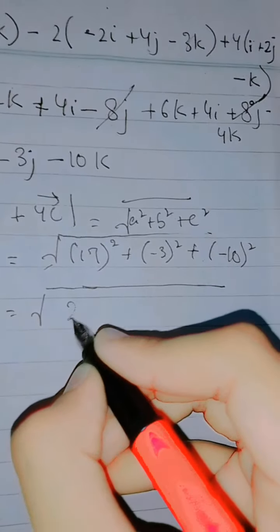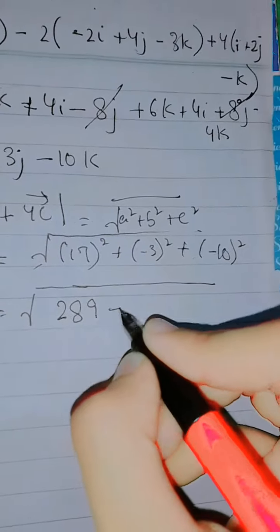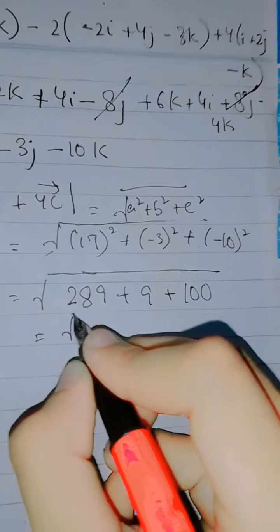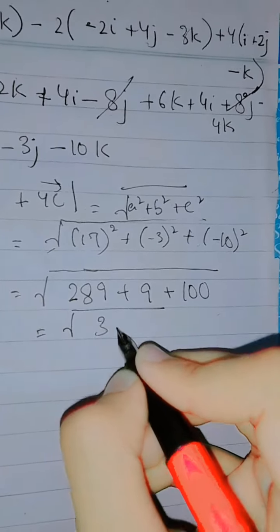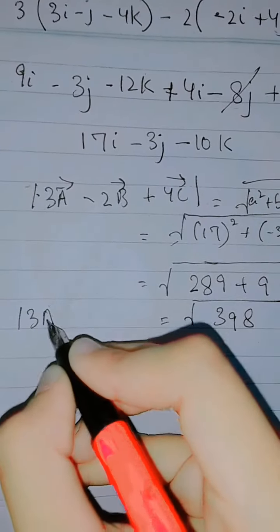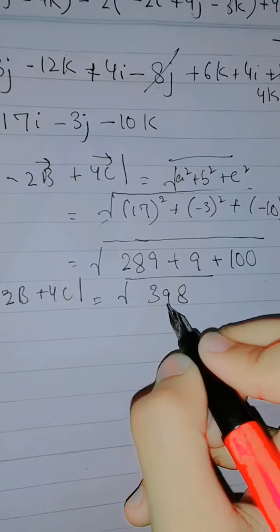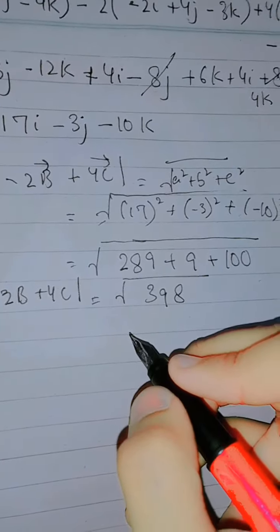Seventeen square will be 289 plus 9 plus 10 times 10 is 100. Now when we'll be adding it, it will be 398. So the magnitude of 3a minus 2b plus 4c is root 398.